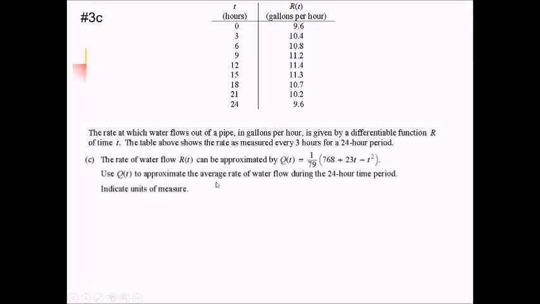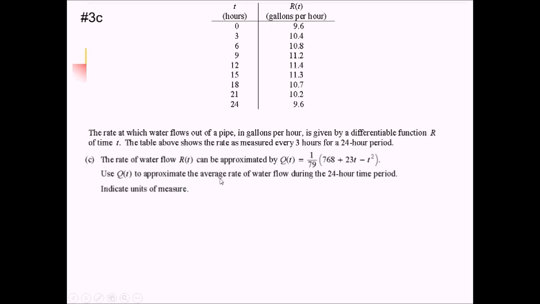For the last part of this problem, the rate of water flow r of t can be approximated by this q of t function. So now they're actually giving us something that tells us what's going on with r of t. We want to use this q of t function to approximate the average rate of water flow during the 24-hour period. If I want to approximate the average flow, I'm going to use my average value setup.